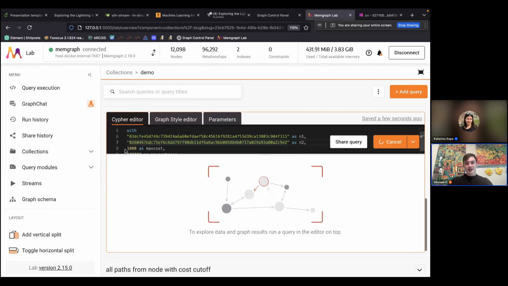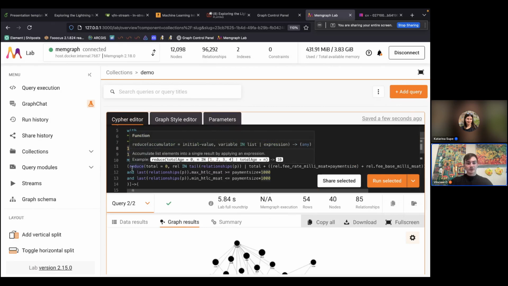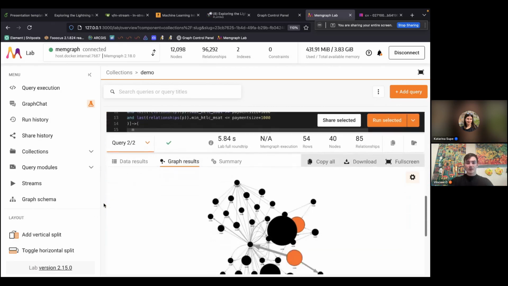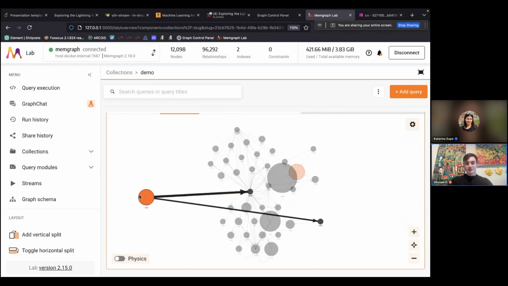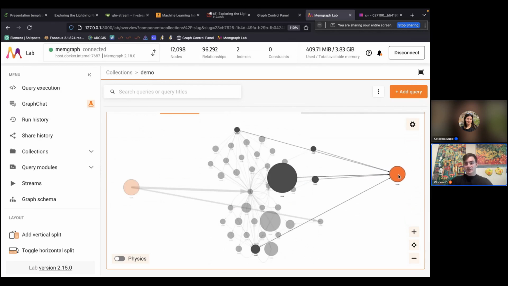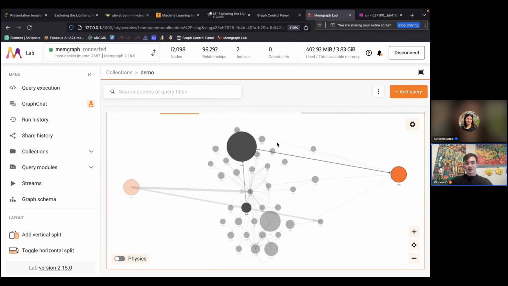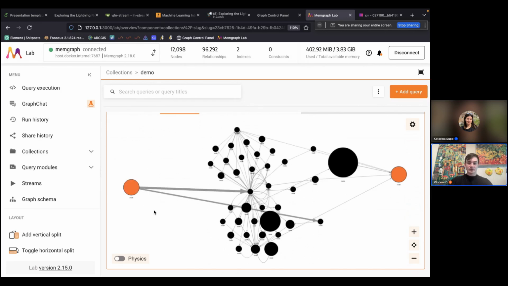I think what happened there was I had a section highlighted when I said run, so I just ran that. But anyway, they're color-coded to show the origin and destination. So this is the origin, this is the destination, and then this would be all payment paths that exist between them below a certain fee.